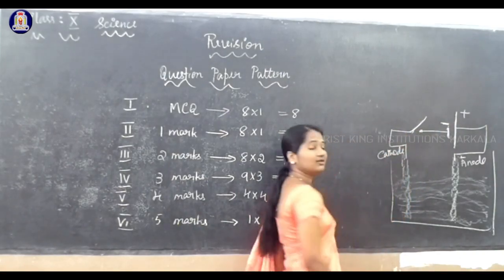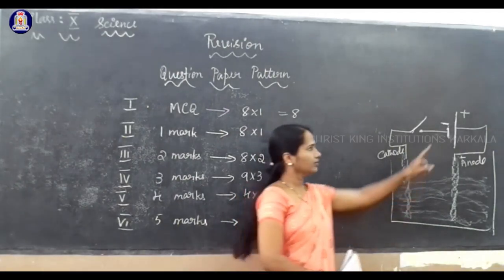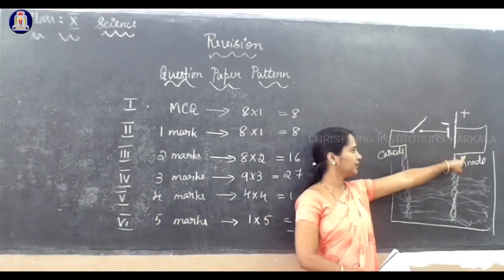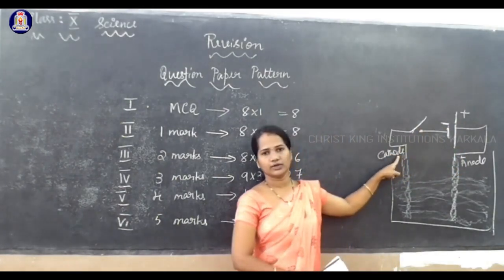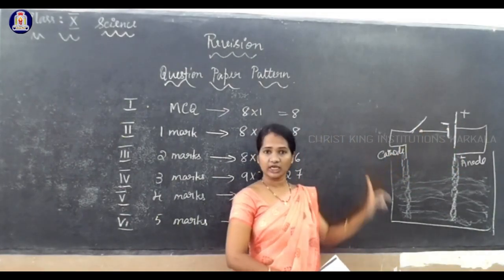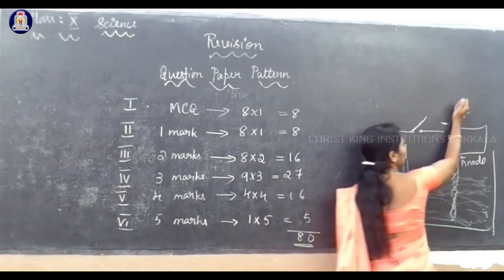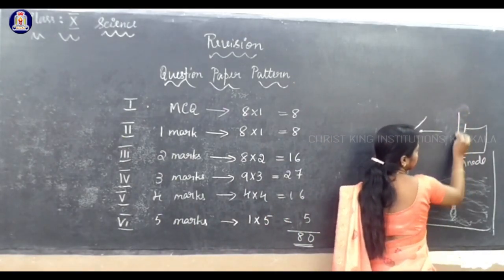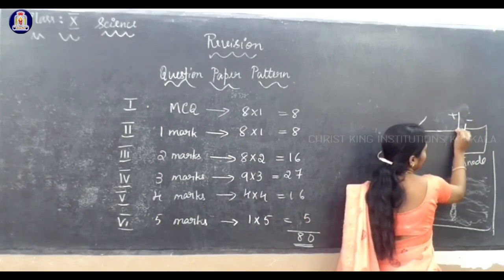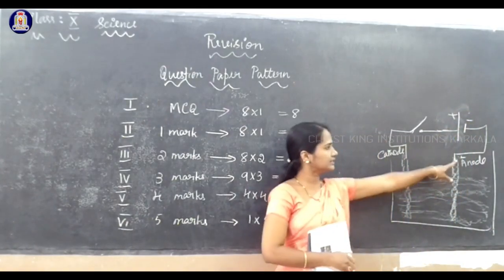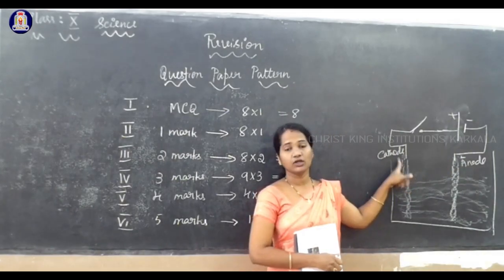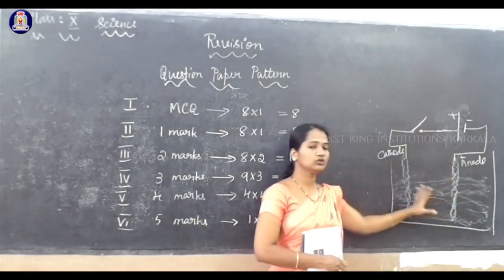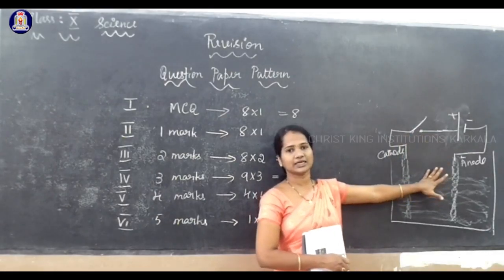You should not interchange the connection. Plus should be connected to the anode, and minus should be connected to the cathode. If you change the connection, suppose you draw minus here and plus there, and write this is anode and this is cathode, the whole diagram will be wrong, because current is not flowing through the solution in this type of connection.